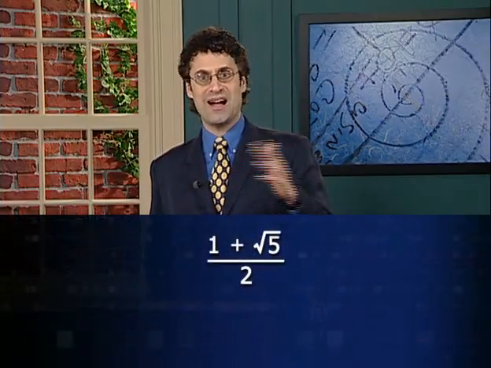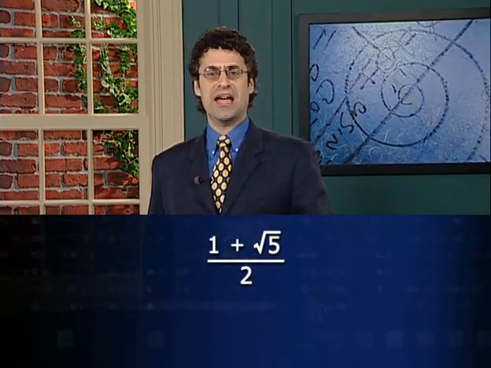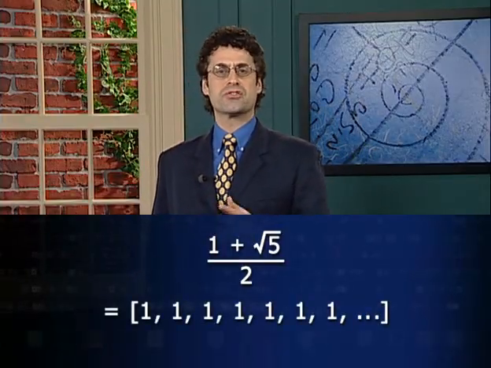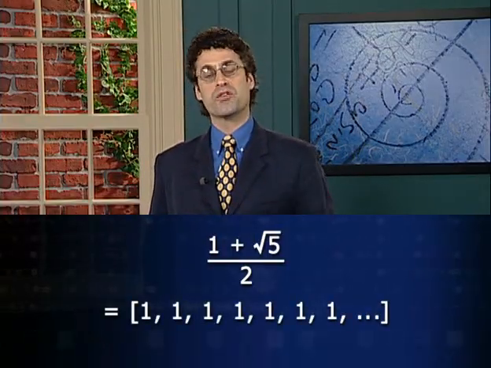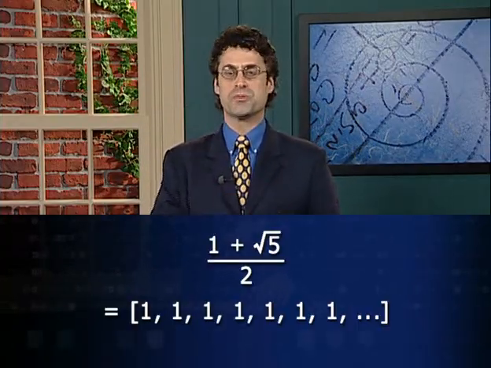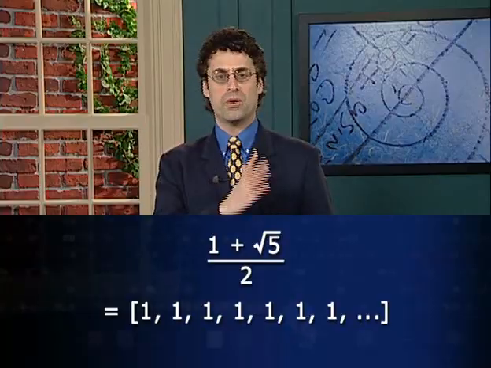For example, if we return to the golden ratio, 1 plus square root of 5 all over 2, which has the endless continued fraction of all just ones, writing it in shorthand, we would see 1, 1, 1, 1, 1, and so forth, which remember means 1 plus 1 over 1 plus 1 over 1 plus 1 over, but we abbreviate as just 1, 1, 1, 1.